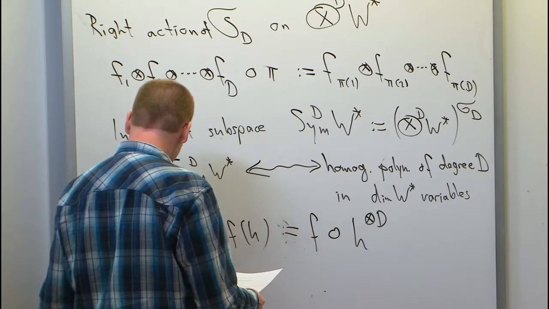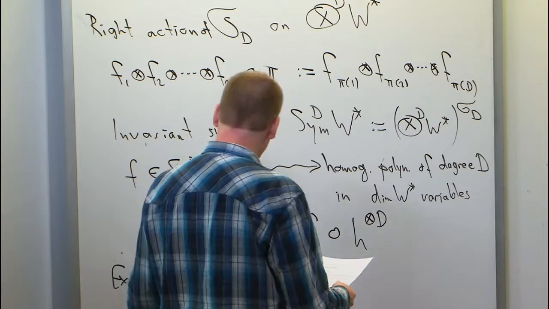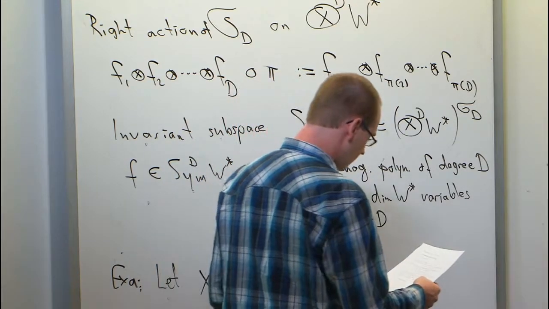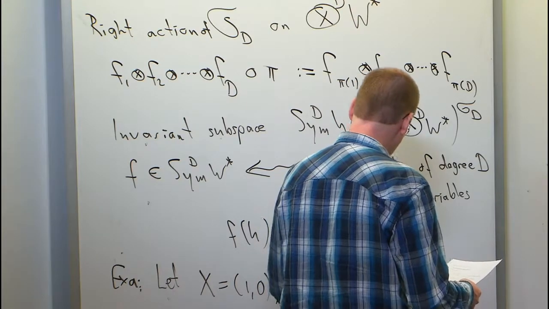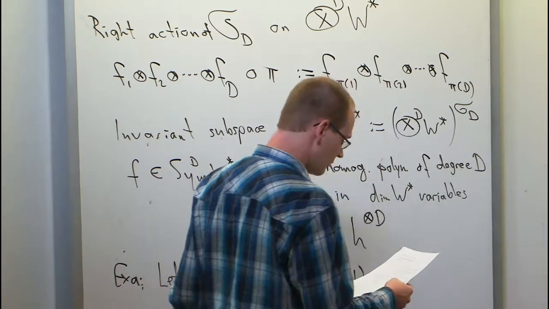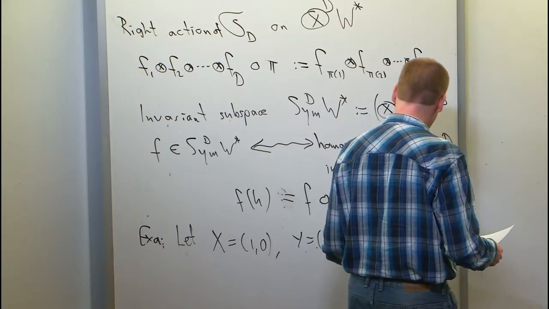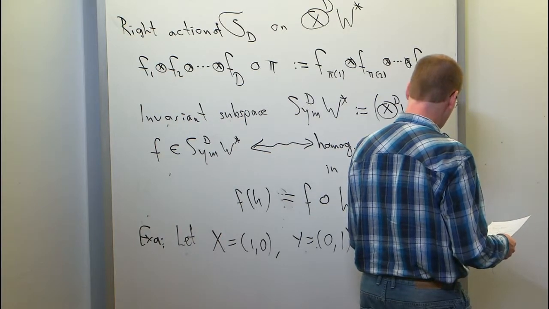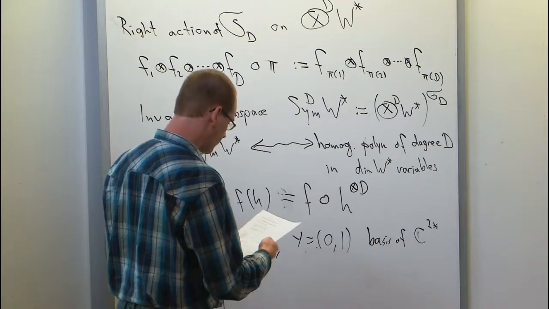So, example. We take x to be the vector (1, 0) and y the vector (0, 1), a basis of C^2 star. Those are just in C^2, but in the dual space, so as row vectors.